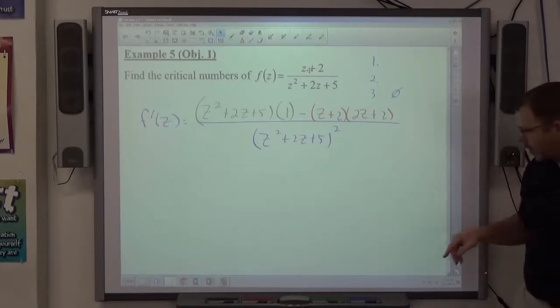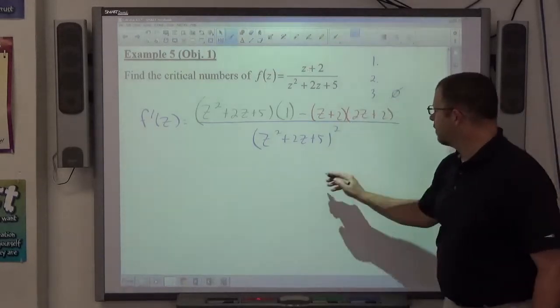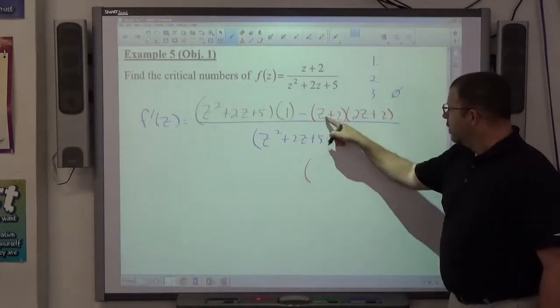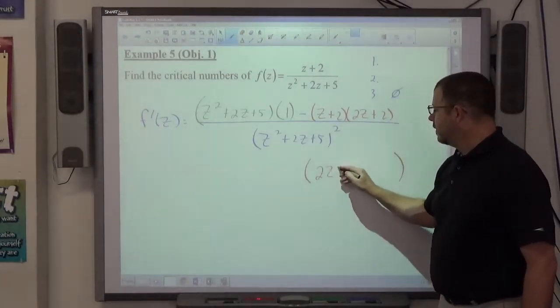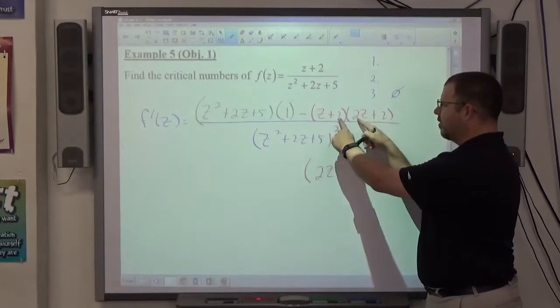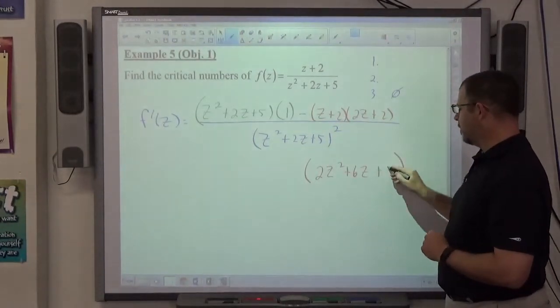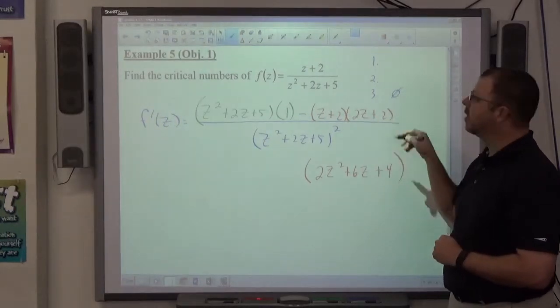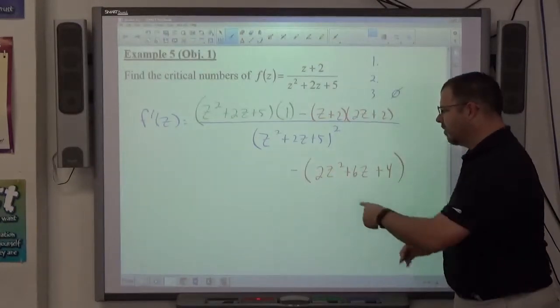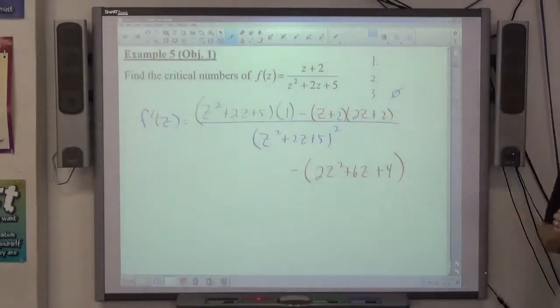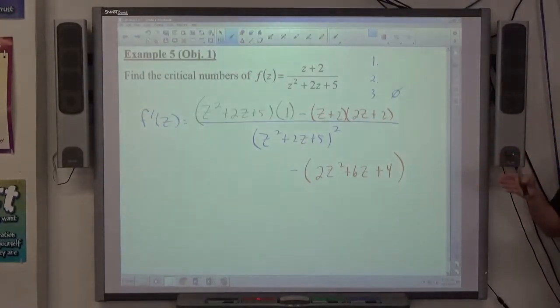Okay? So what that requires me to do when I multiply the red stuff together, 2z squared, outside 2z, inside 4z is going to be plus 6z. Last times last is plus 4. That's what the product of those two things is. That's being subtracted. These parentheses here are necessary, because z plus 2 times 2z plus 2 is a product of binomials that's being subtracted.